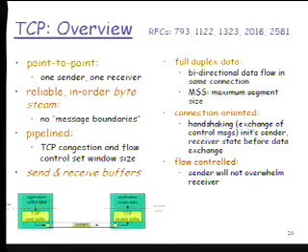TCP uses a pipelined protocol to transmit data. Pipelined protocols are the go back N and selective repeat kinds of protocol that we saw. And the way congestion and flow control is implemented in TCP is by adaptively changing this window size.